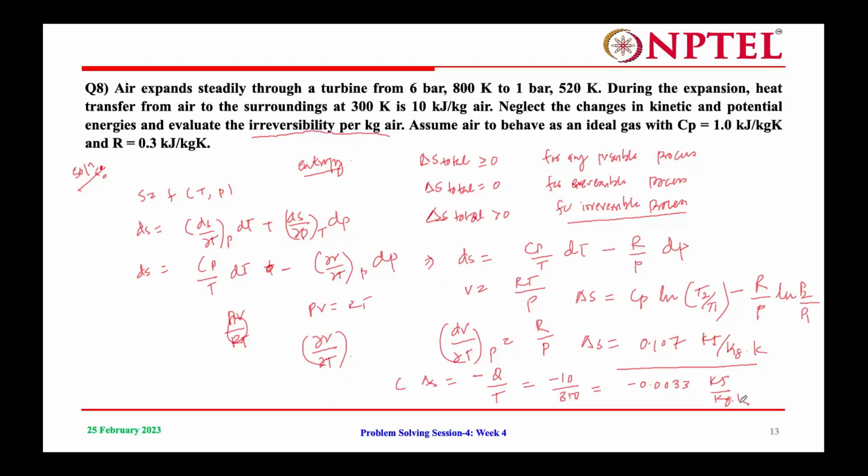Now we have to calculate the total entropy change, delta S total. Add this one and this one: 0.107 minus 0.033, which is equal to 0.074, right?